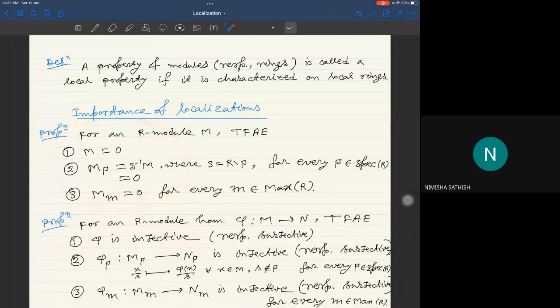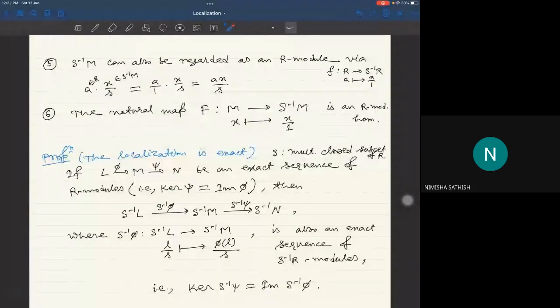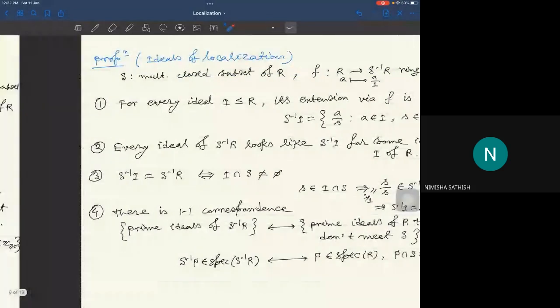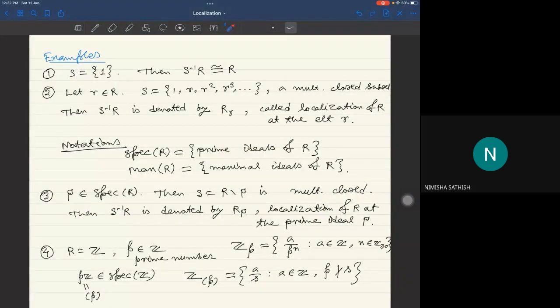How? Because for any commutative ring with identity, if you localize it at P, then we get a local ring. So somewhere we should state that. Okay, so here I should state this.